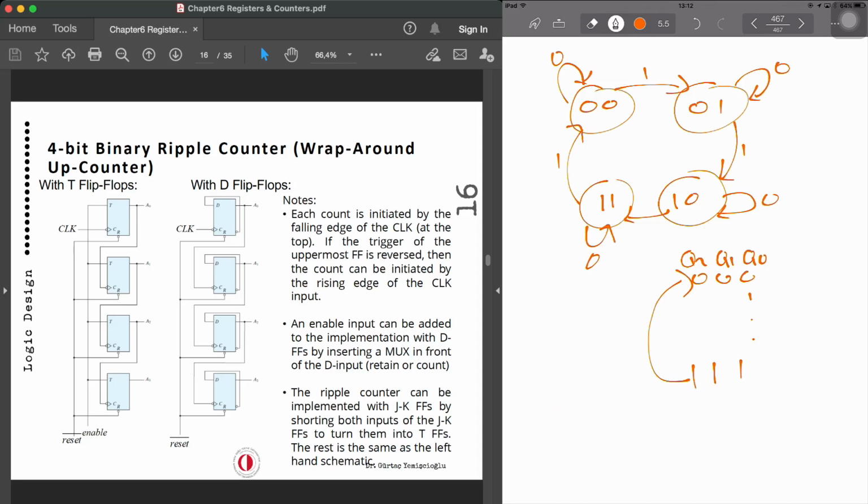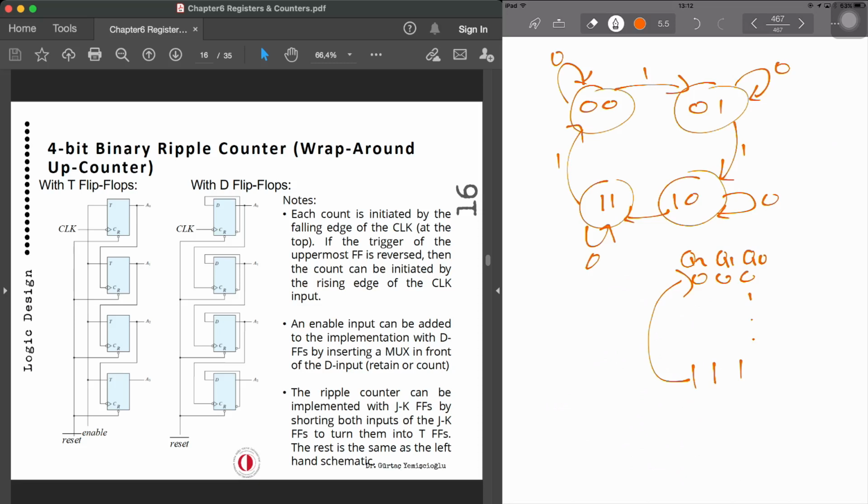An enable input can also be added in order to have parallel load, and this is also going to use a mux input to retain or to count. We can do that. A ripple counter can also be implemented with JKs.